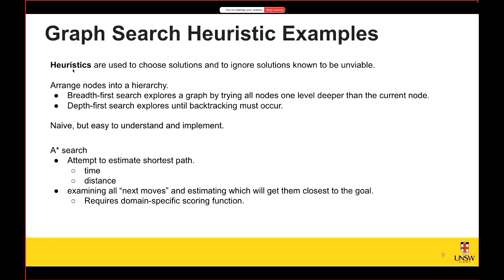This is why it's called a heuristic. So these are some examples of heuristics when we do search on graphs. Because we are applying some more complex heuristics here, it's considered to be a smart searching algorithm.